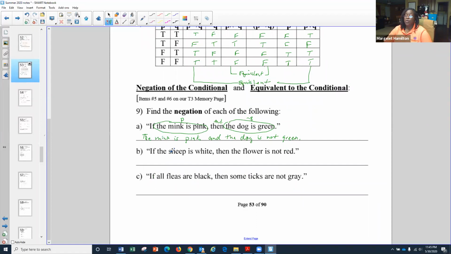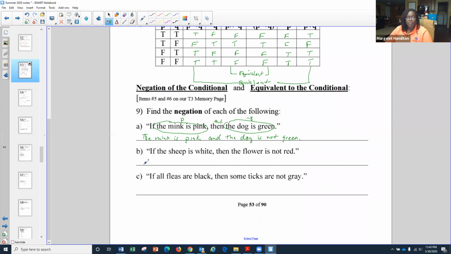Okay, go ahead, pause it, see if you can work it out, then come back. Okay, we're ready. Remember, no more if then. So it says the sheep is white, then the flower is not red.